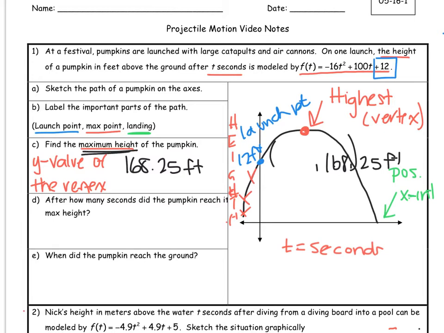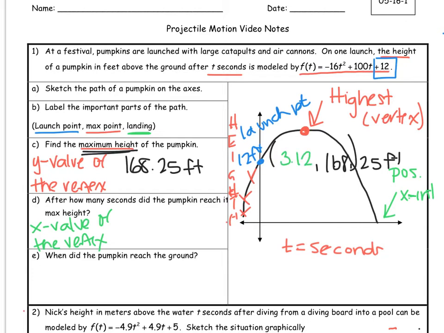So how long did it take the pumpkin to reach that maximum height? Well, that's the x value of the vertex, because the x is measuring time, and the y value is measuring height. So again, we had to find the vertex on our calculator, and we got 3.12.